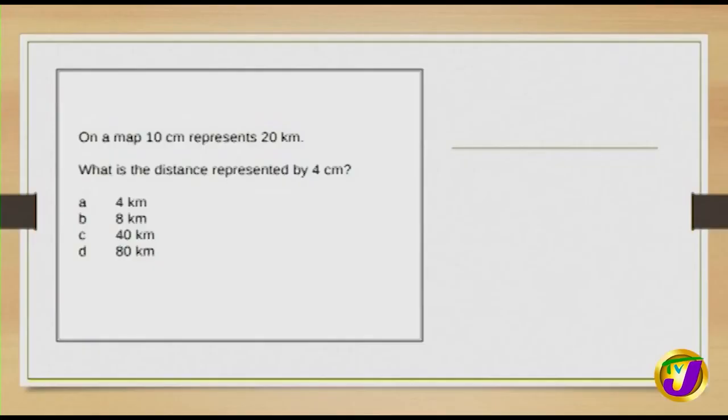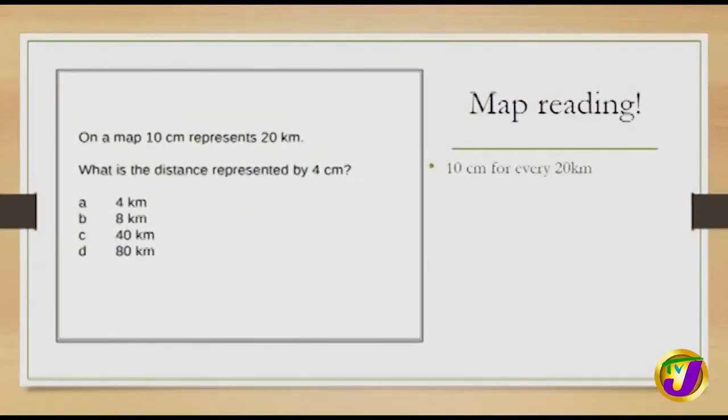On a map, 10 centimeters represents 20 kilometers. What is the distance represented by 4 centimeters? All right, so let's look at this a little bit. 10 centimeters for every 20 kilometers. So we know 10 to 20. What can we do here?